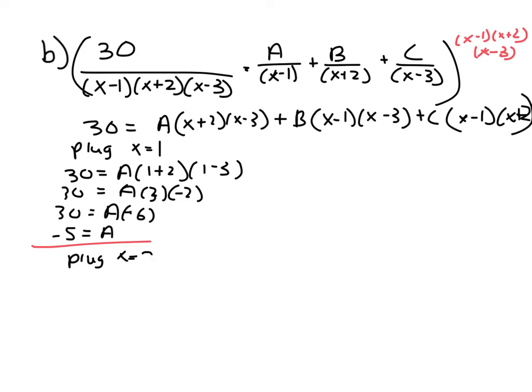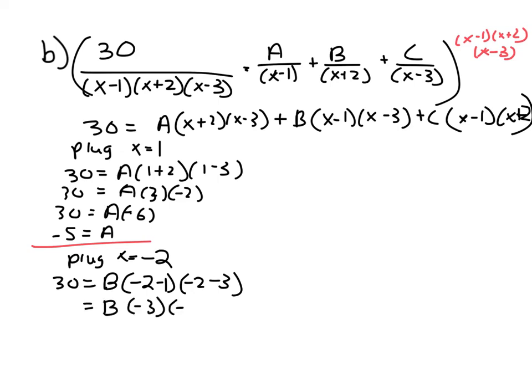Okay, and then I'll have 30 equals, so the first term will cancel, and then B times negative 2 minus 1, negative 2 minus 3, and then the third term will also cancel. So this would be B times negative 3 times negative 5. Okay, and that is B times 15, and divide both sides by 15, you get 2 equals B.